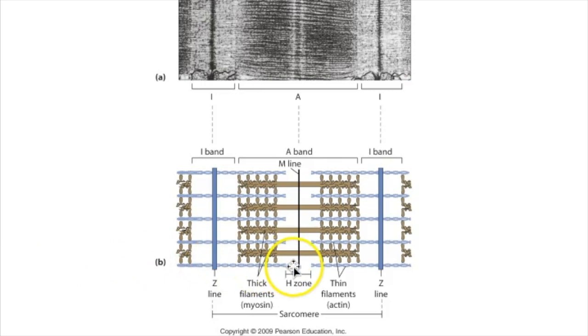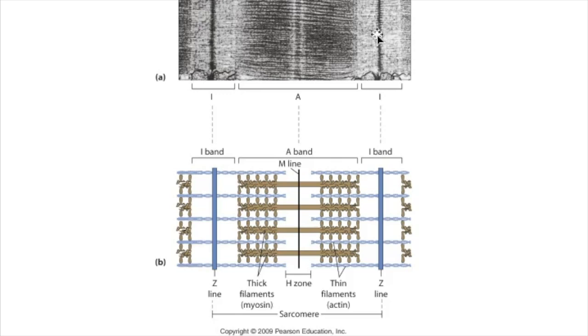Remember that an individual sarcomere runs from one Z-line to the next Z-line down the length of a myofibril. Underneath the microscope, a sarcomere looks like this. Here's one Z-line, here's the next Z-line, so everything between them is one sarcomere.